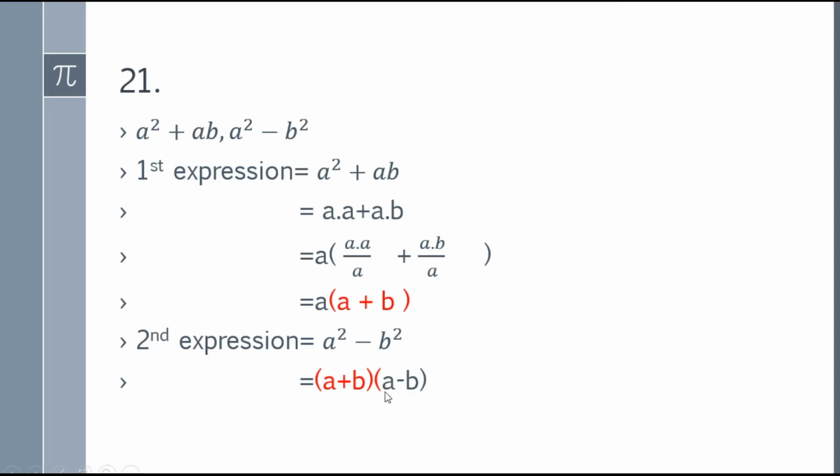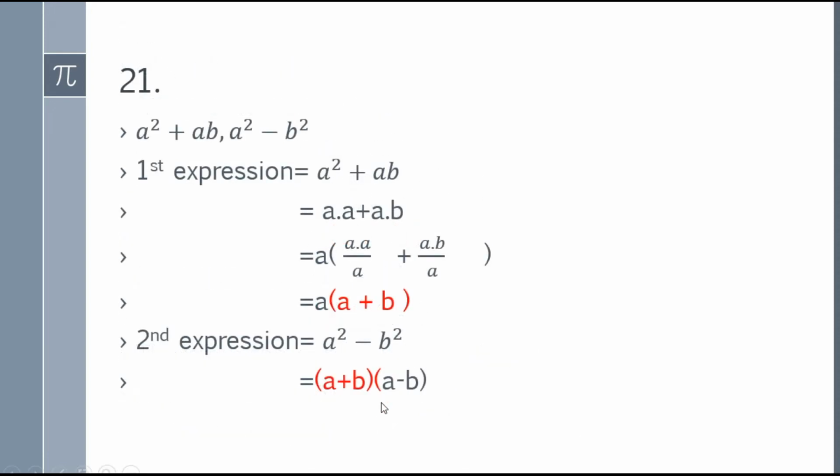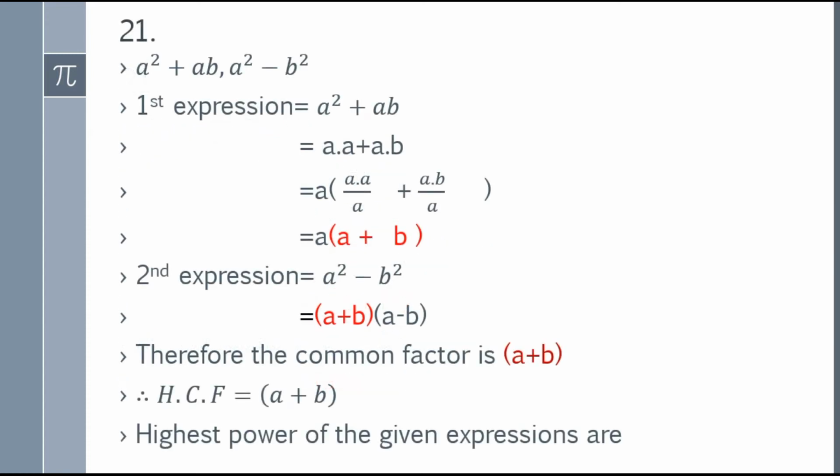Here a minus b is in one bracket, and they have a minus relation between them. So you can't take a and a common here. You have to find a single a. If there is a single a here, that will be our common factor. Okay, so what is the common? A plus b is common in both of the terms. So the common factor is a plus b, and the answer H.C.F is ultimately a plus b.